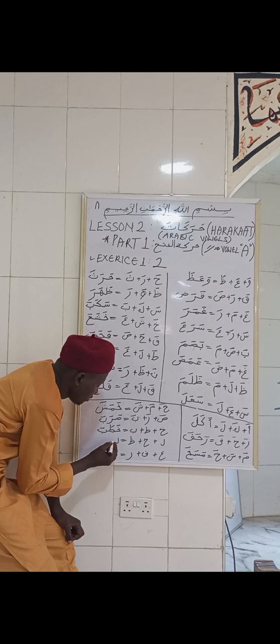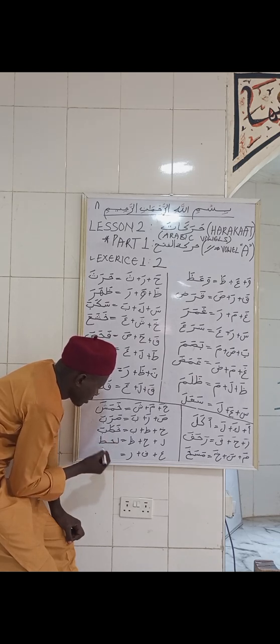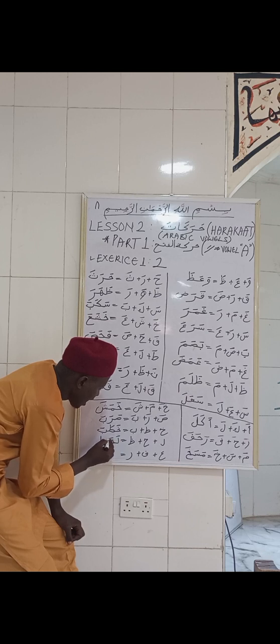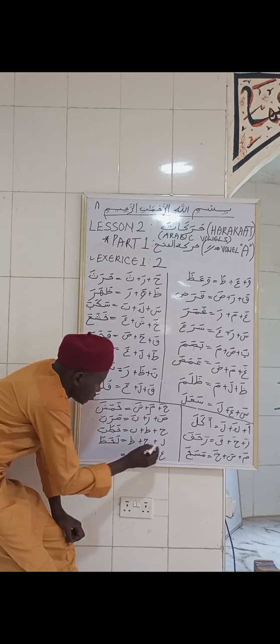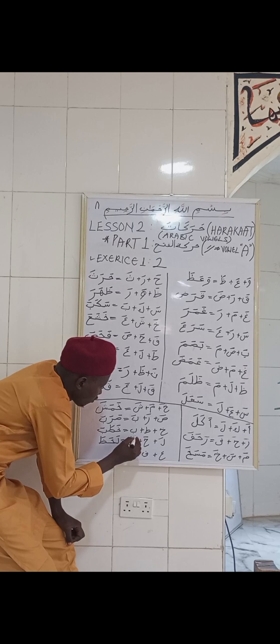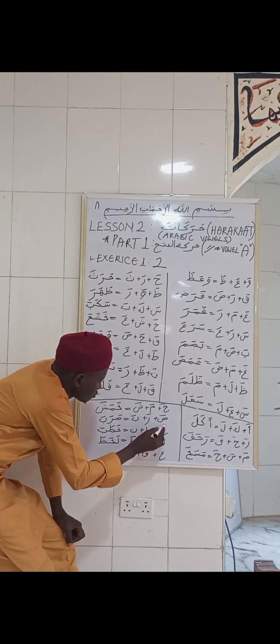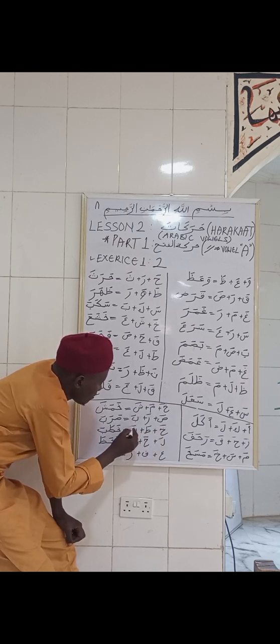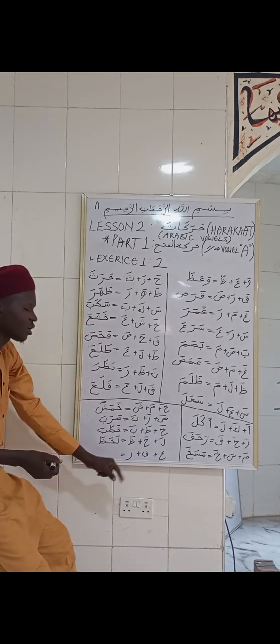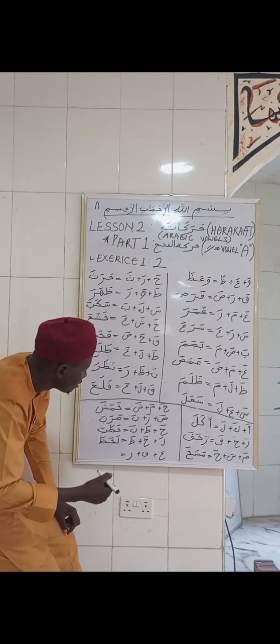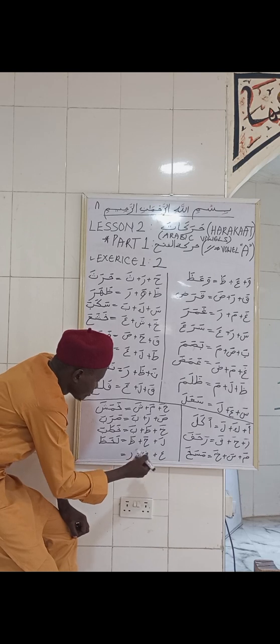Lam can be joined with ha. Ha can be joined with va. Hence, you are going to have what? La, ha, va. This one.